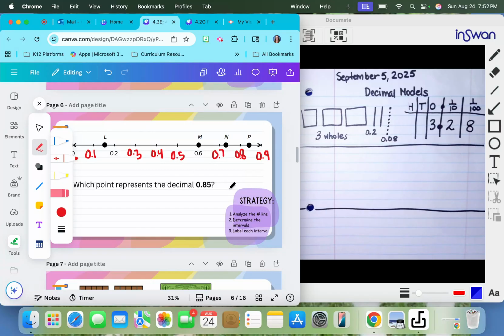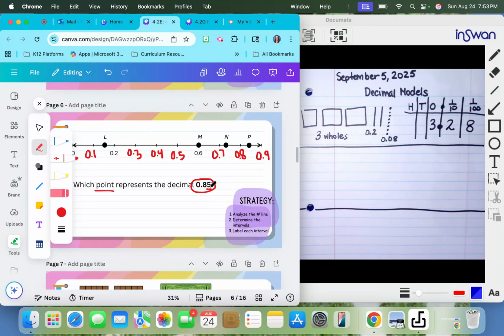Okay, and now we're trying to figure out which point represents 85 hundredths. Well, as we were writing our tenths intervals, we didn't write 85 hundredths. So we have to think about, what does 85 hundredths mean? Taking a look at that 5, what that tells my brain is that 5 would be half of a new tenth.